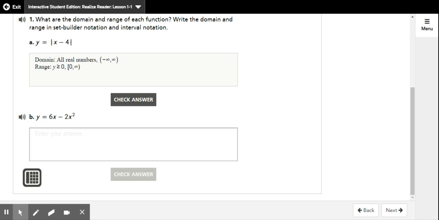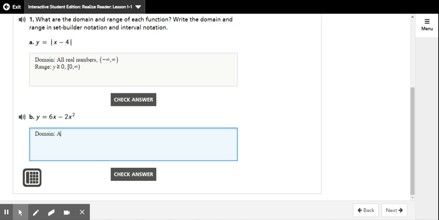Okay, so same deal, really. I'm looking at domain. It's going forever to the left and forever to the right. So I'm just going to copy it because the domain is exactly the same as what it was before. It's not going to let me copy it, huh? All right, then I'm just going to type it in.